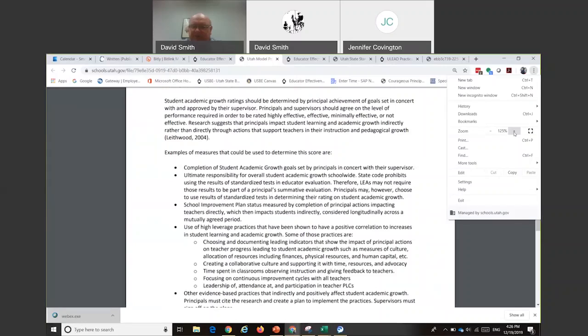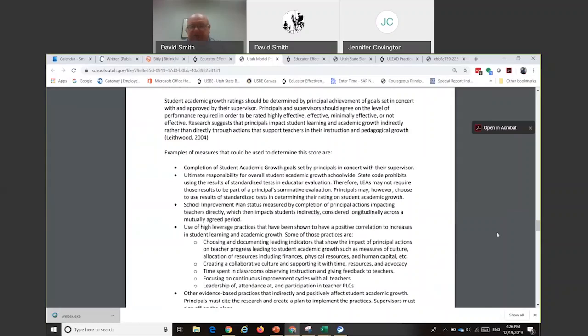Some of those things might be the completion of academic growth goals set by principals in concert with their supervisors, showing the ultimate responsibility for overall academic growth. If a principal wants to use standardized test scores in determining their rating, they're able to do that.